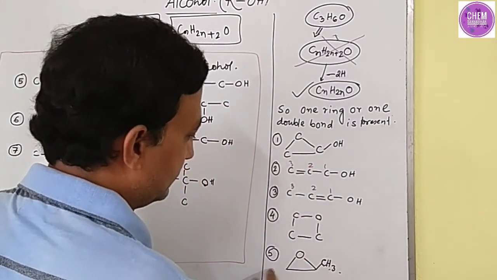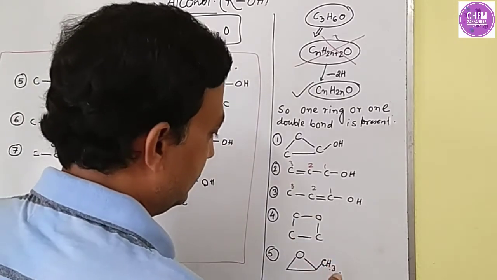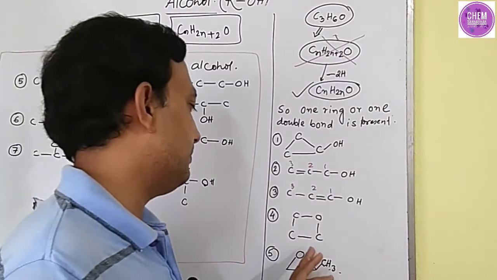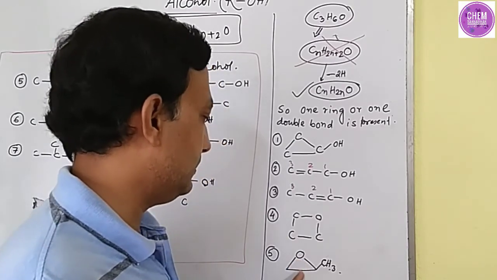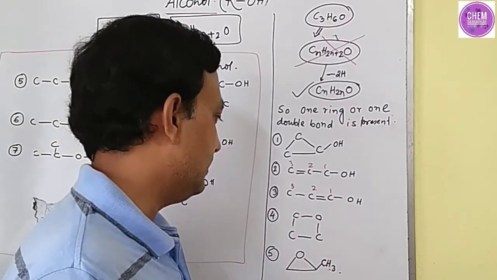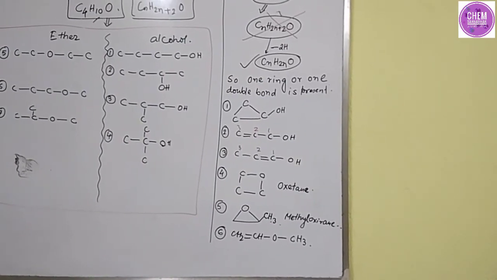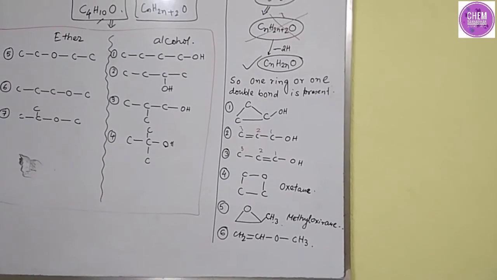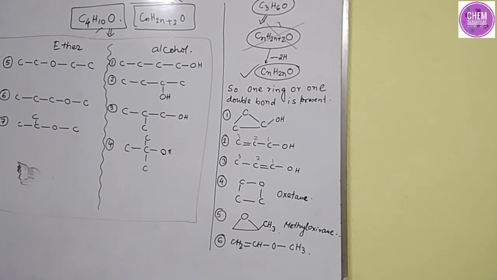And another one is a cyclic ether, but its ring contains only 3 members, 2 carbons and oxygen. This is oxirane type. So these are the 6 isomers that we can write from the formula C3H6O.